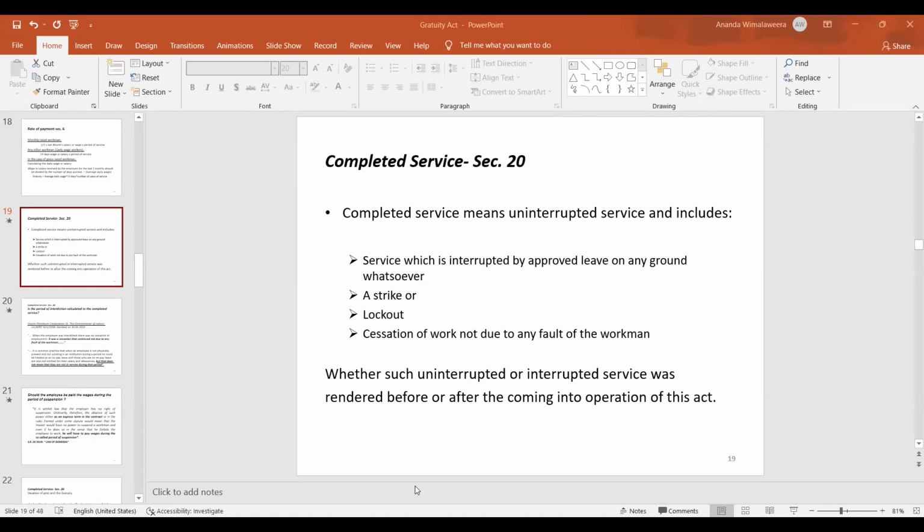But when we calculate 5 years, leave and everything are all inclusive. Those are not matters, because he is entitled to leave and everything. There is no issue. But assume that during that period there was a major strike.